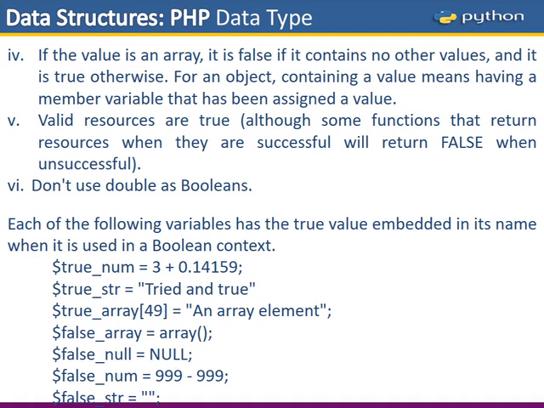And we have $false_num known to be 0 and -0, that means it is zero, so the result will be zero and it will be false. So we have the $false_str, which is an empty string, to be false.